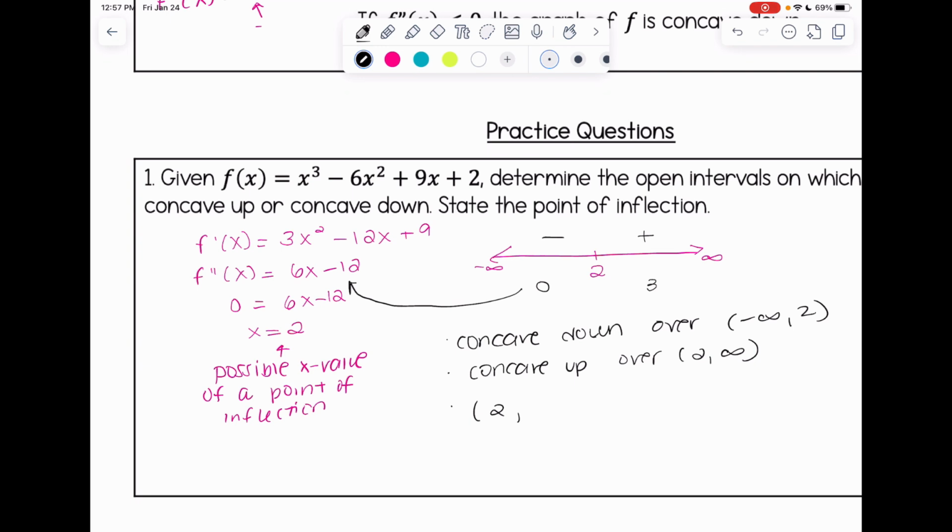To get the y-coordinate, we are going to plug this into the original function. Remember, we're talking about the point of inflection of f of x. So even though when we do the number line, we're using the second derivative, here we are using the original function in order to evaluate. If I simplify this, I would get (2, 4) as a point of inflection.